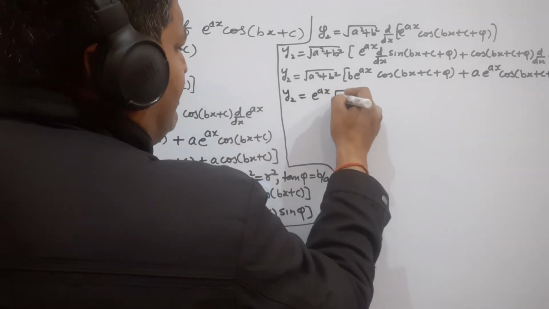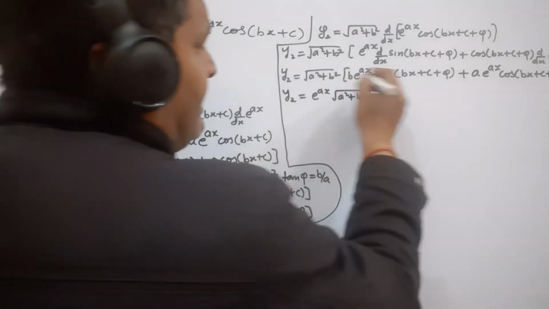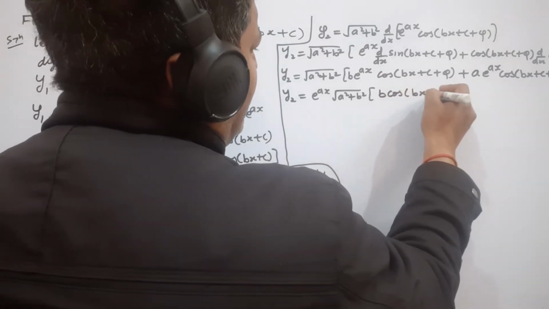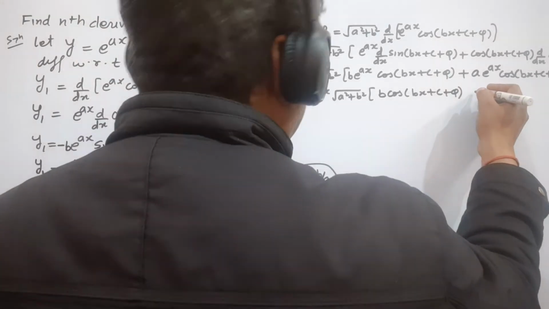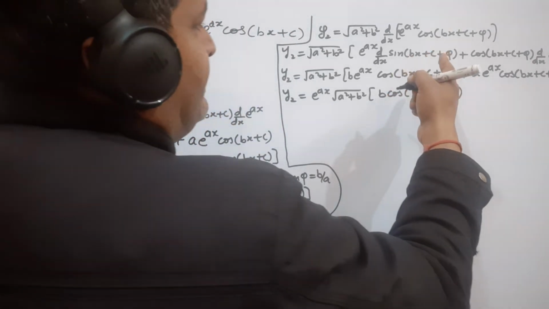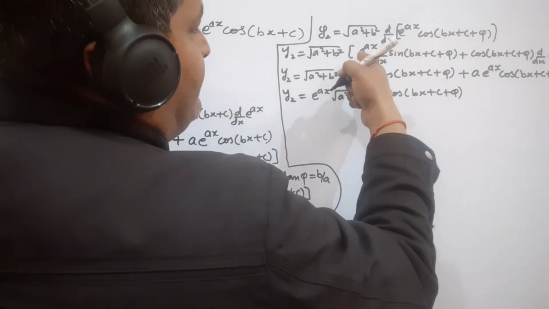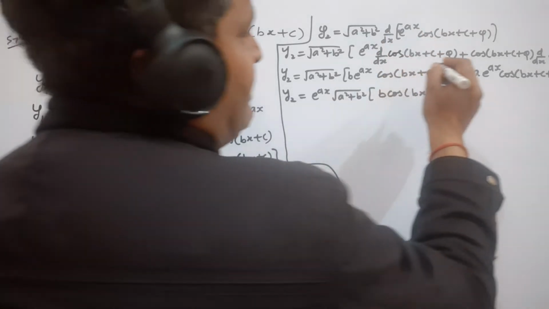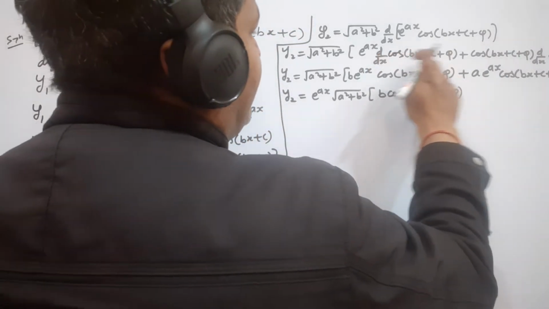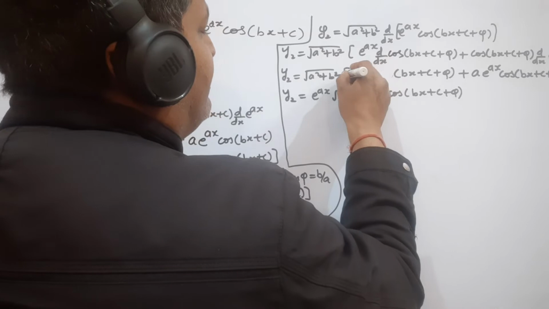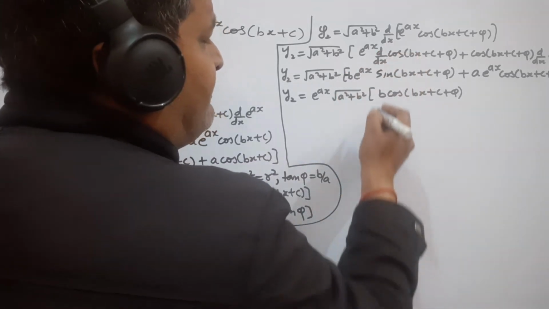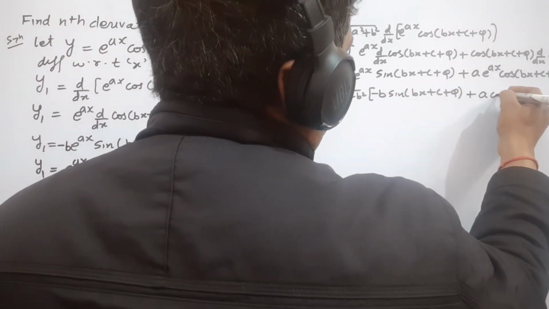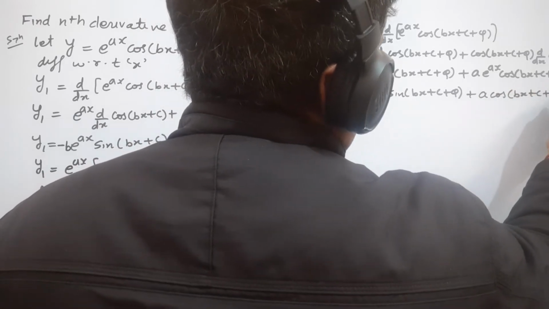We can write e to the power ax multiplied by under root a square plus b square, and in the bracket we can write b cos(bx + c + phi), plus, here, when we differentiate this cos(bx + c + phi), we write minus sin(bx + c + phi), so this is minus sin(bx + c + phi), and here a cos(bx + c + phi).